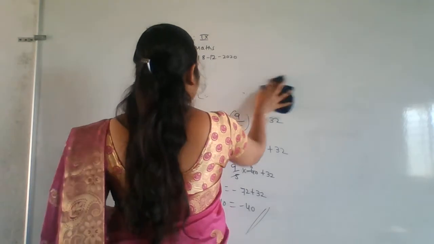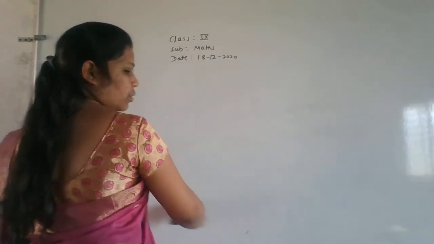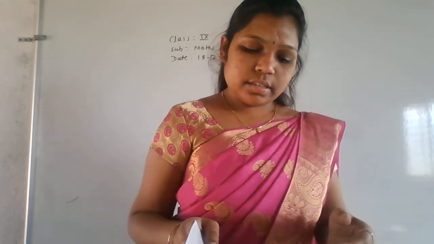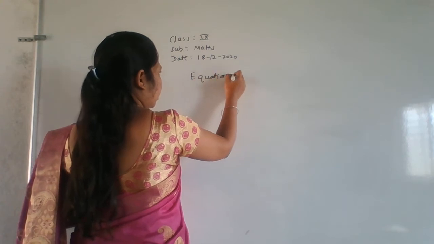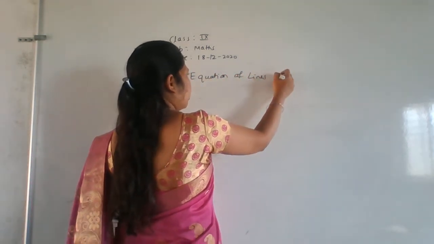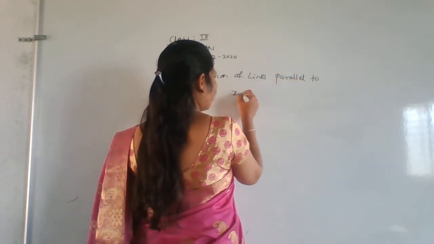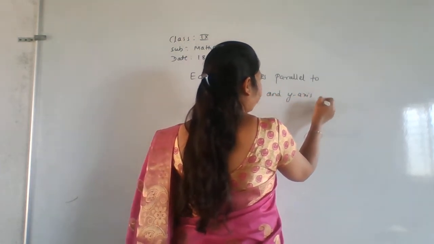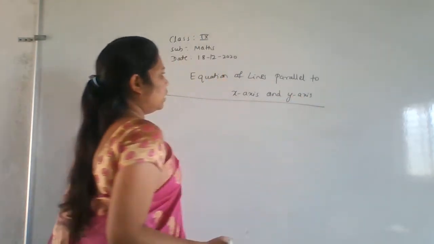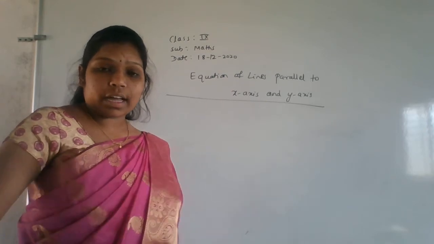What is the heading here? Equation of lines parallel to x axis and y axis.